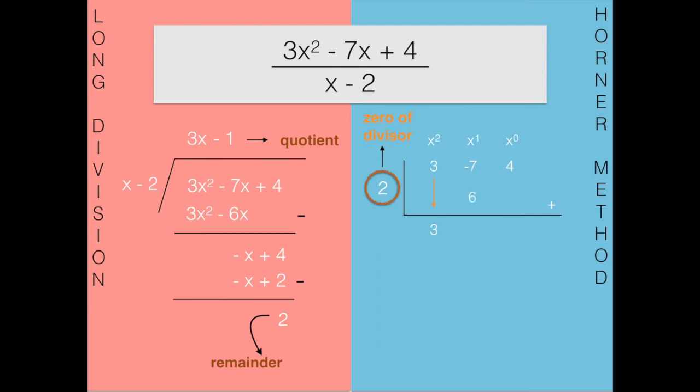Because 3, the final of the answer on the left, if you multiply it by the zero of the divisor, 3 multiplied by 2 would be 6. Add it up. You would have minus 1. And again, minus 2 would be from minus 1 multiplied by 2. And you would have 2. 2 is the remainder. And 3x minus 1 would be the quotient.